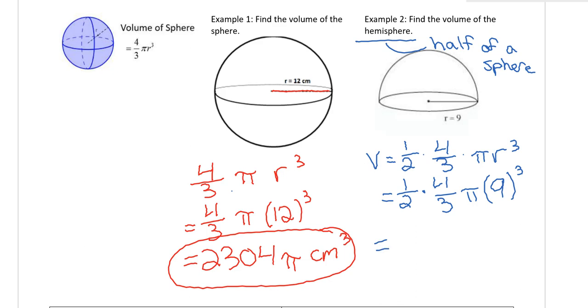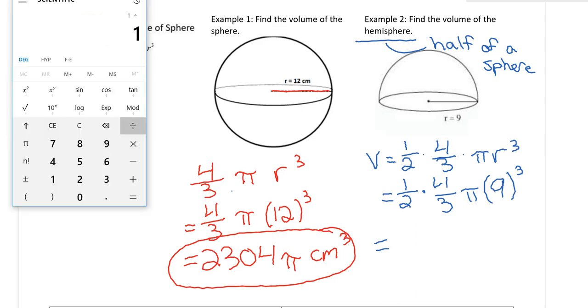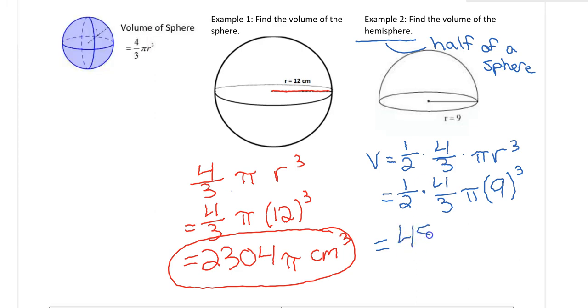So again, typing that into my calculator, I have 1/2 times 4 divided by 3 times 9 to the third. And we get 486 pi. And this is just some unknown unit, so units cubed.